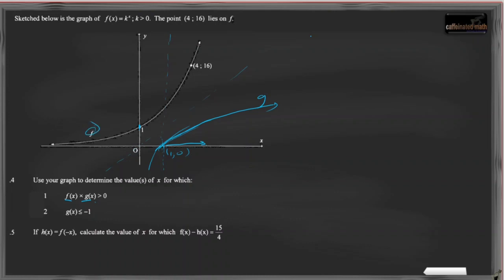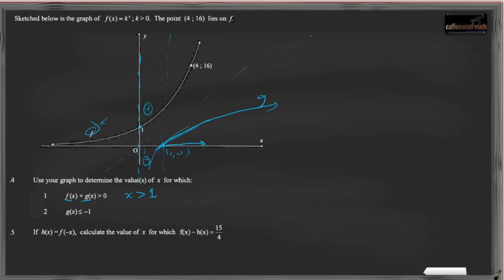How about between our vertical asymptote caused by g and this value 1? Well, that's just going to be a negative y value from g and a positive y value that we get from f. Therefore, that product is going to be negative. So if we want this positive product, the answer is just going to be x greater than 1, because that is where that happens.